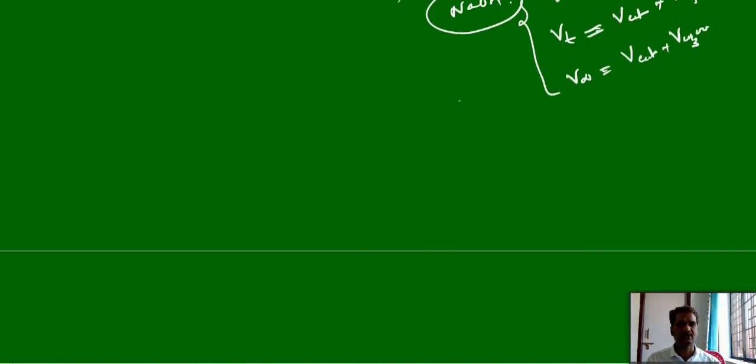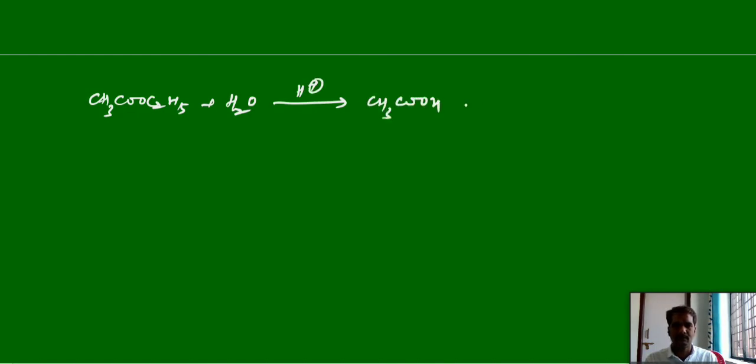Let us take the reaction here again clearly. Again we have the ester, and when you treat with water in presence of H plus, we get acetic acid and ethyl alcohol. Initially we have the concentration of ester as A and water is in excess, and after some time t, it is A minus x.